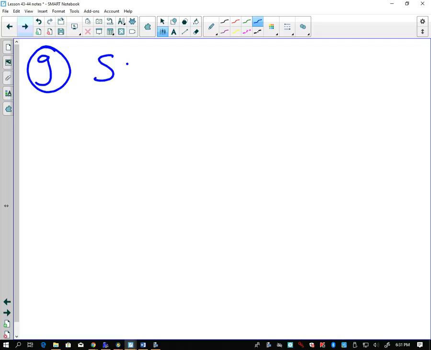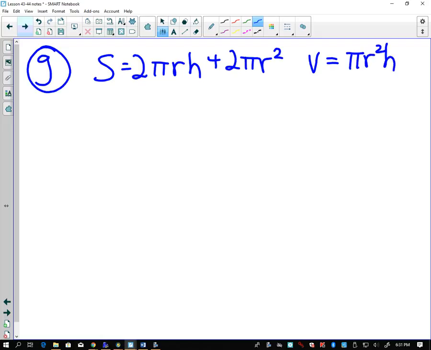Okay, so we got surface area equals 2 pi r h. It's radius and height, plus 2 pi r squared. Okay, that's 2 times the base of it. The volume equals pi r squared h.